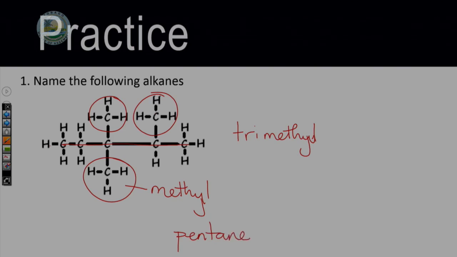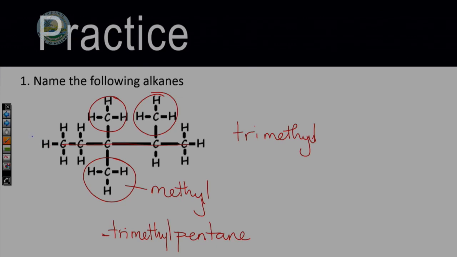Now we are looking at the branches. We are going to say trimethyl. And now we're going for the numbers. We have to put a hyphen to separate the numbers from the letters. So let's count.